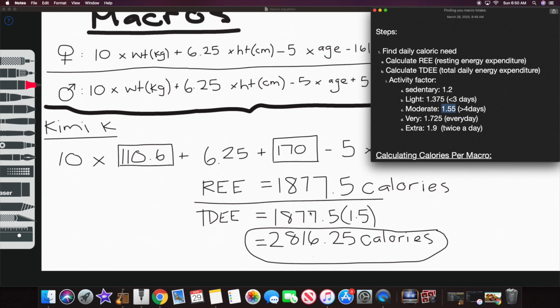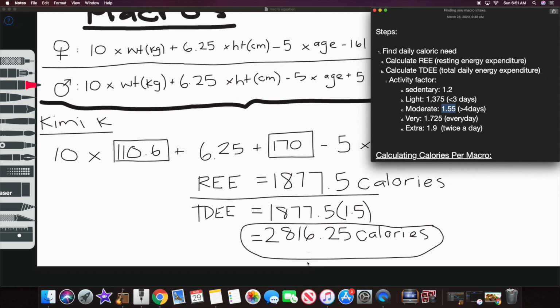Multiplying it by 1.5 will give me 2,816 calories. I'm just going to take away the 0.25 because I don't even know, maybe a bite of spinach is 0.25 calories. No idea.